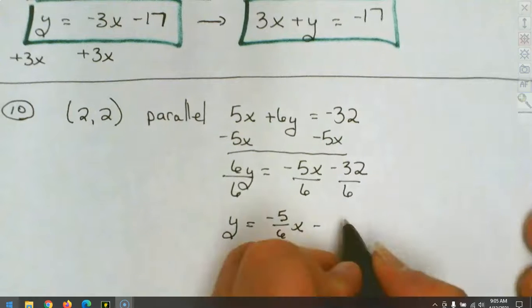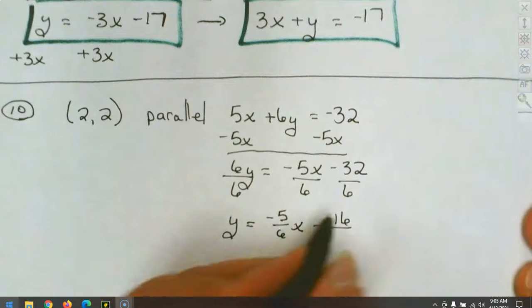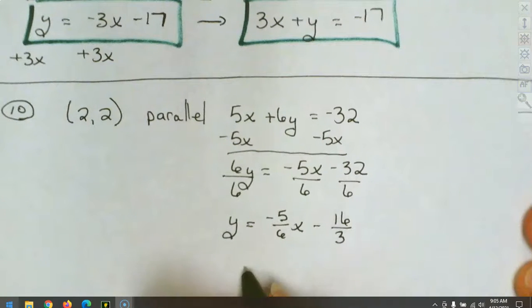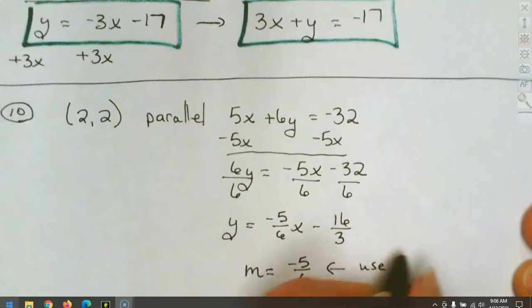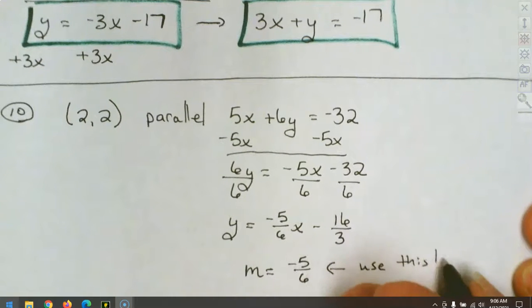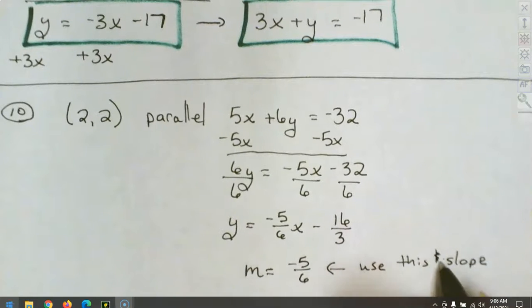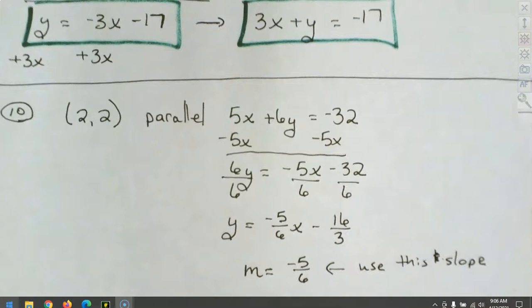So that's going to be then a minus 16 over 3. What is my slope? In this case, my slope is going to be a minus 5/6. And this is the slope that we're going to use.